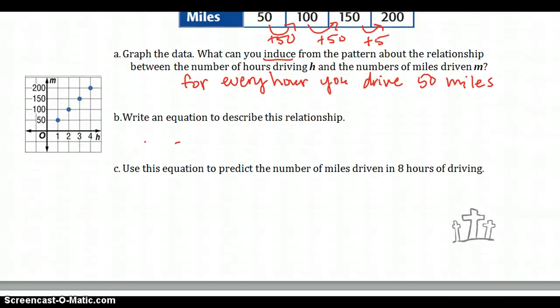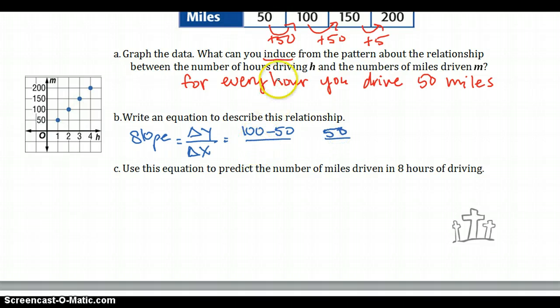Now let's write an equation to describe the relationship. So our slope, or our rate of change, let's talk about that. The change in y over the change in x, it's going to be 100 minus 50. We already said that difference is 50. And then if I picked 100, I have to pick 2 minus 1, and we already said the change of x values is 1.